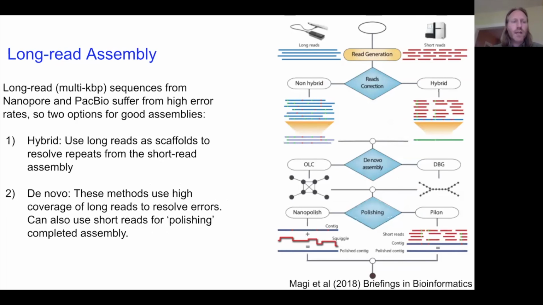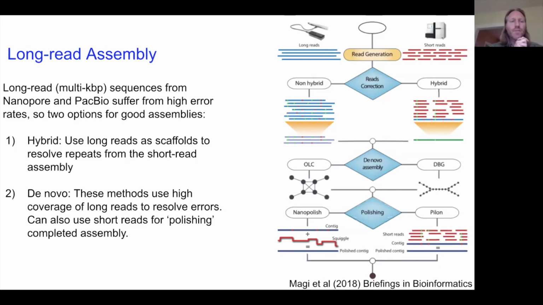I'm not going to go into the technology, but just mention that there's two ways typically that long reads are used in assemblies. One is in a hybrid approach, where you use the long reads as scaffolds to resolve repeats from the short read assembly. So with 15 or 20x coverage, you can usually get a quite good short read assembly. So if you do Illumina sequencing, let's say you can sequence 25 decent quality isolates on one MiSeq run.